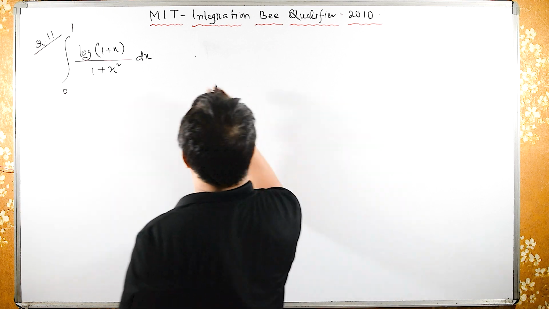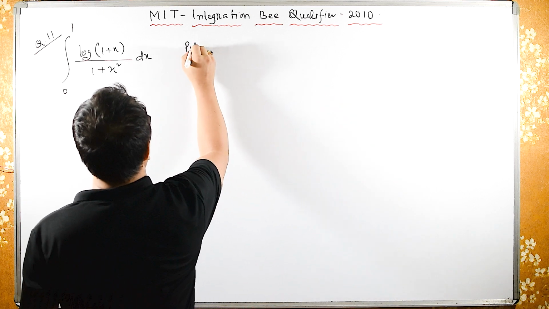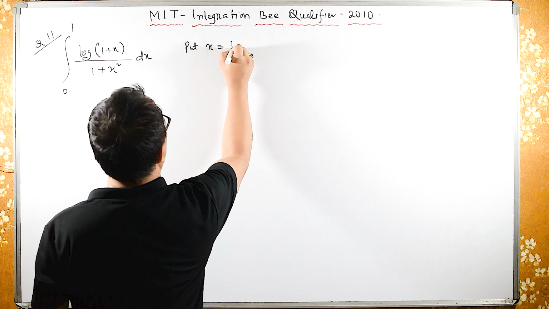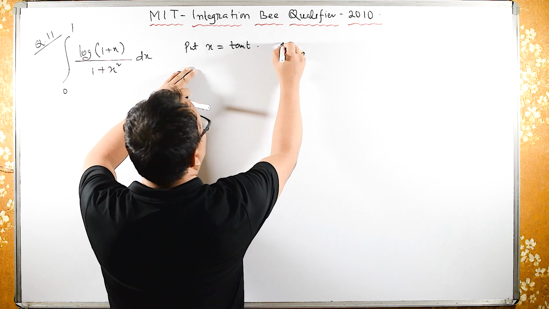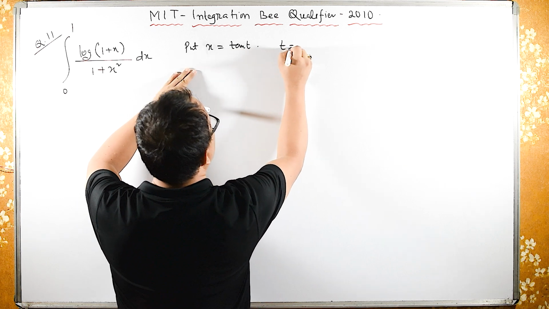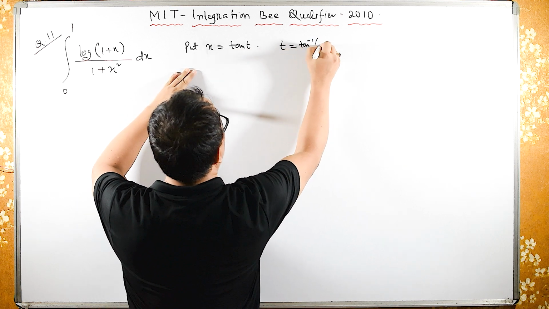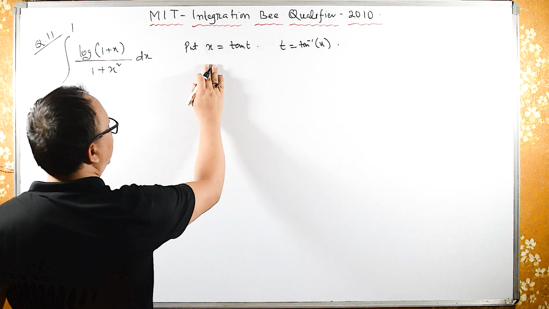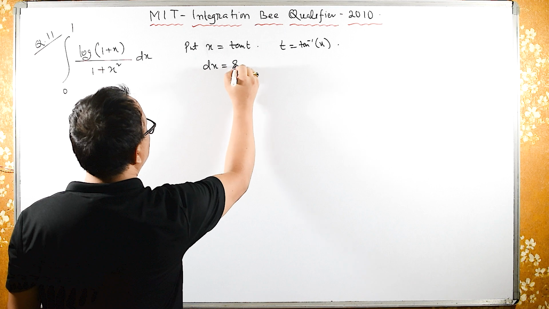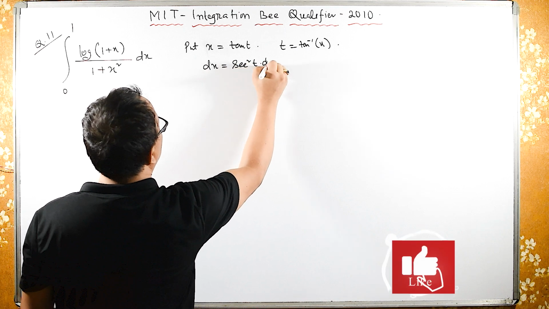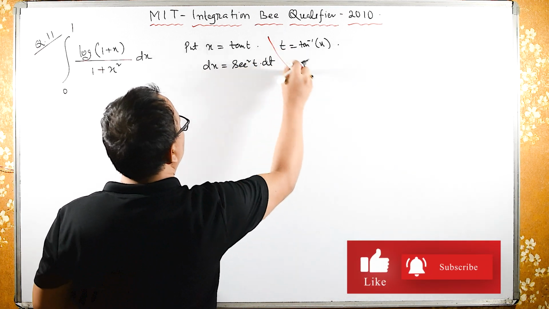Okay. So now if I substitute x equals tan t, then from here you can find t equals tan inverse x. Now if I differentiate this, dx equals the differentiation of tan, which is sec square t into dt. So we have dx.